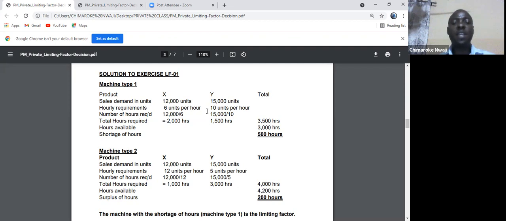The same thing here, if you are asked to make 15,000 units of Y, and each time you spend 1 hour, you would have made 10 units. How many hours will it take you to do 15,000 units? Simply put, 15,000 divided by 10 gives you 1,500 hours.